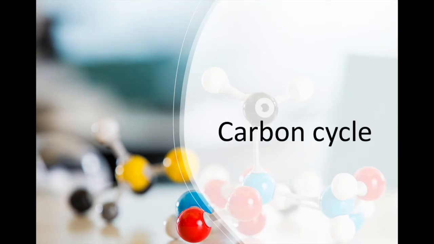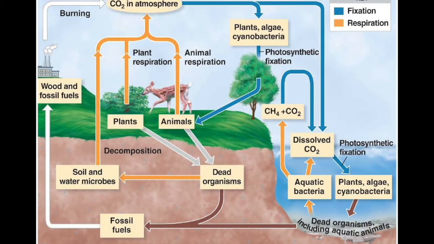Carbon cycle. The carbon cycle describes the process in which carbon atoms continually travel from the atmosphere to the earth and then back into the atmosphere. Carbon is released back into the atmosphere when organisms die, volcanoes erupt, fires blaze, fossil fuels are burned, and through a variety of other mechanisms.